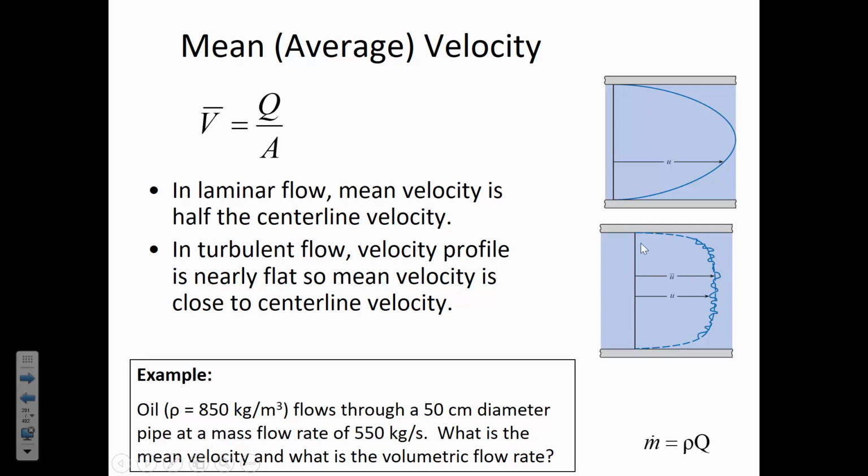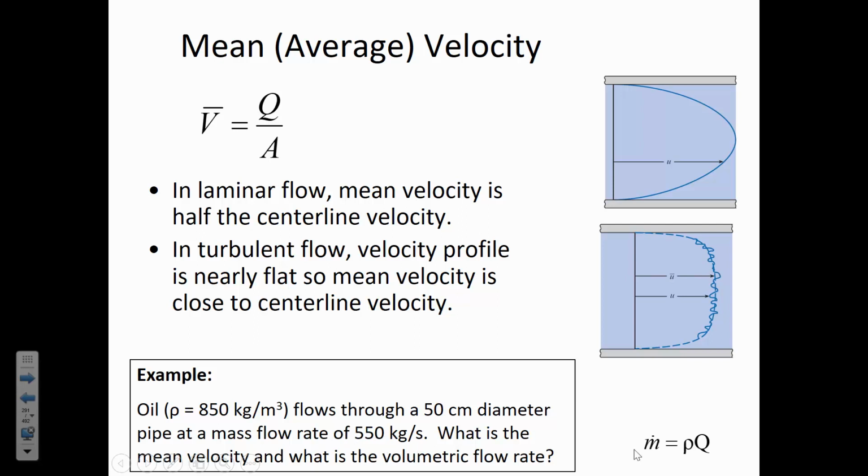So just to get some exposure to the idea of mass flow rate, let's consider this case of what if we have oil flowing through a pipe and we know the mass flow rate. So through that pipe, every second there's 550 kilograms of oil.